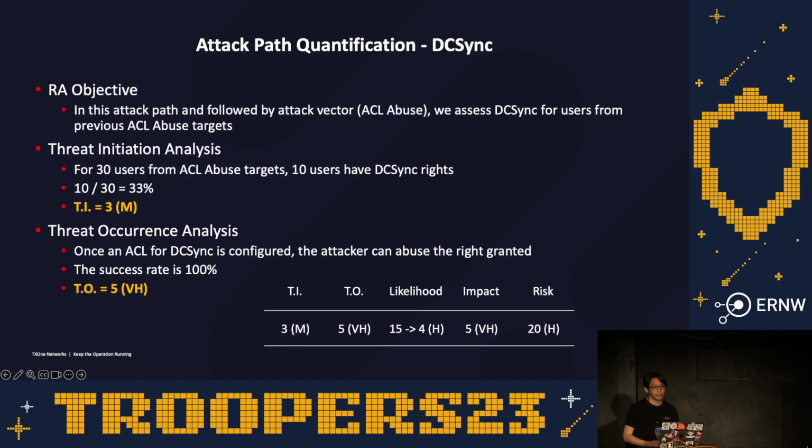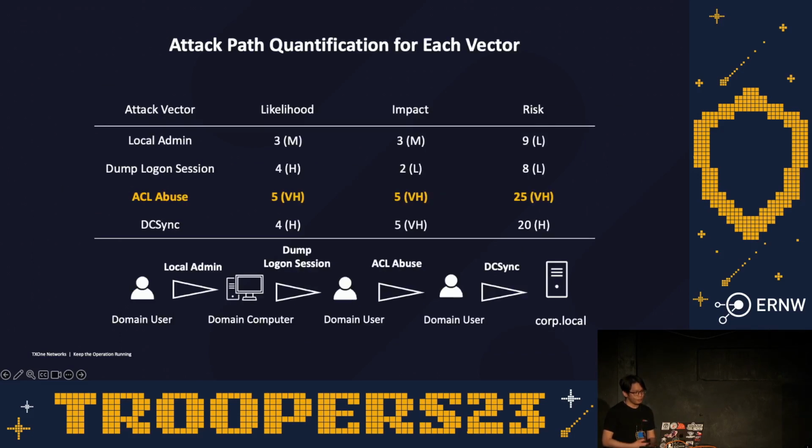and we can also use it to calculate or quantify the risk value for this attack vector, which is 20. So after all this assessment is done, after we have the risk assessment for each attack vector, which is assessed in the context of this attack path, we can clearly see that the ACL abuse has the highest risk value and it should be prioritized first.